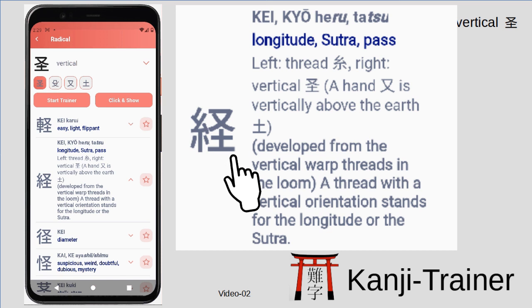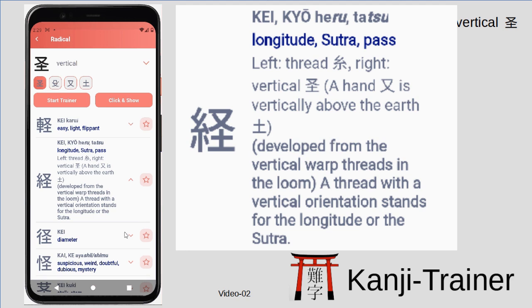This kanji is derived from a loom where the vertical threads are the longitudinals, and thereby the additional meanings of to pass or sutra were developed. Again, the memory phrase: a thread with a vertical orientation stands for the longitude or the sutra.